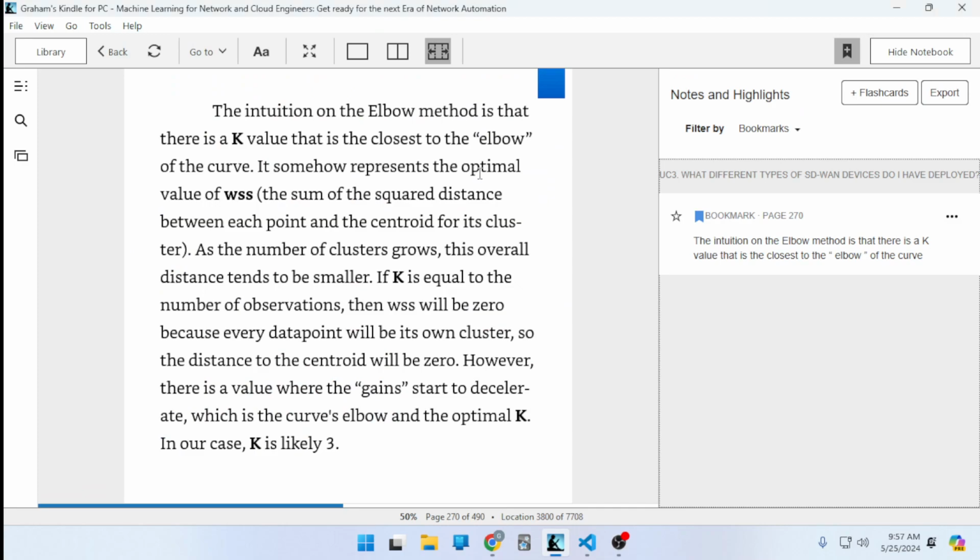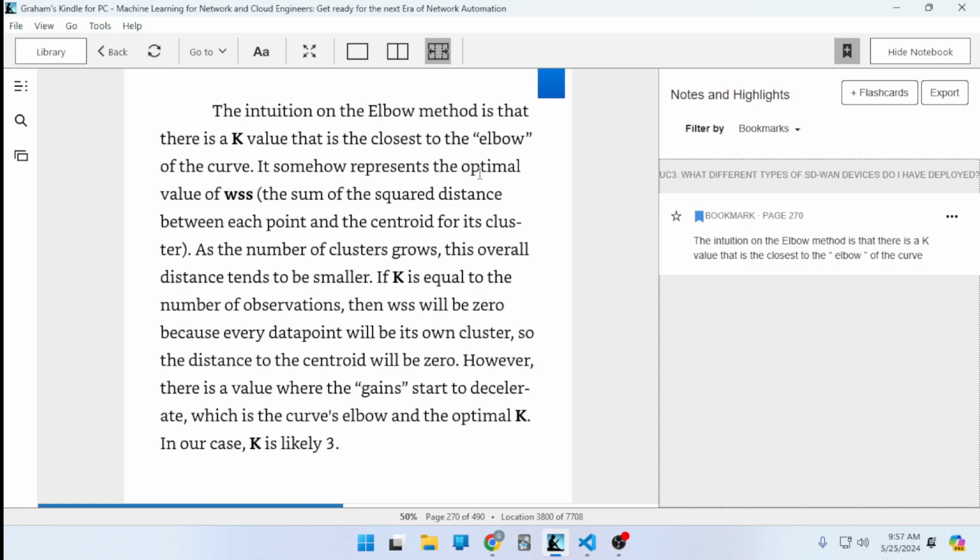The intuition on the elbow method is that there is a k value that is closest to the elbow of the curve. It somehow represents the optimal value of WSS, the sum of the squared distance between each point and the centroid for its cluster. As the number of clusters grows, this overall distance tends to be smaller.